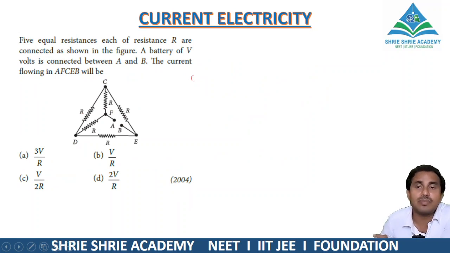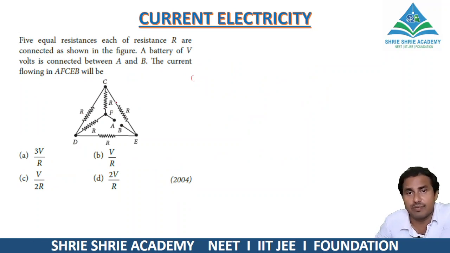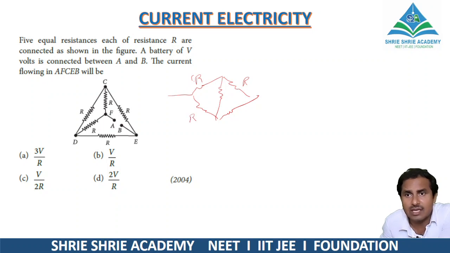Next question. This is another form of the Wheatstone bridge. You should know that in a Wheatstone bridge, if all resistors are equal, say all R, then the effective resistance is also R. If you rearrange it, this is P, this is Q, this will be R, and this will be S. This is the PQRS combination.